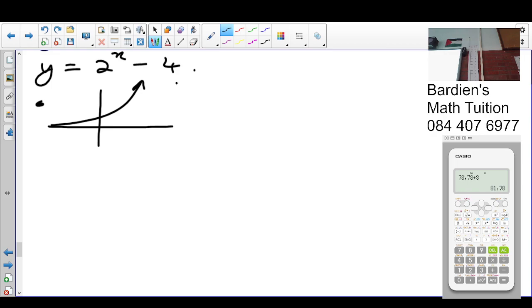Now it has a horizontal asymptote at y is equal to -4. People, this is not your x-axis, no? This is actually your asymptote value. That's your asymptote.